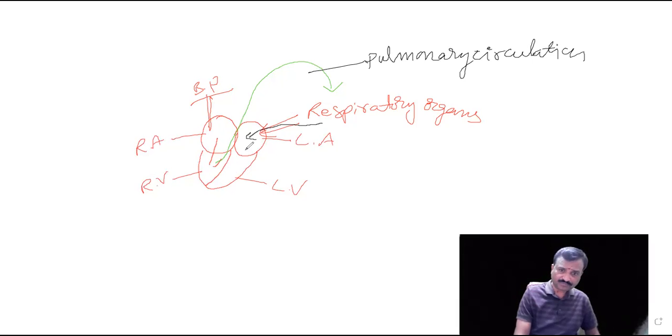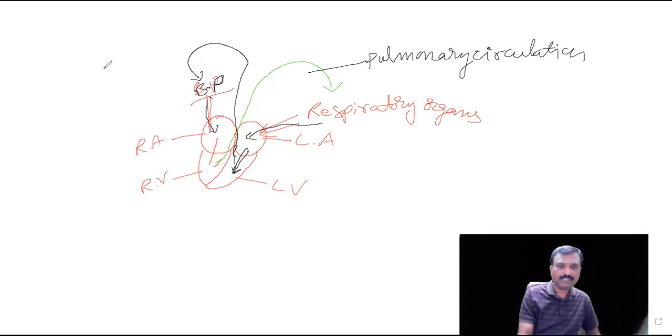Next, another circulation. See, this oxygenated blood coming into the left ventricle goes through the systemic arch to the body parts. BP means body parts. Again, deoxygenated blood comes to the right atrium.